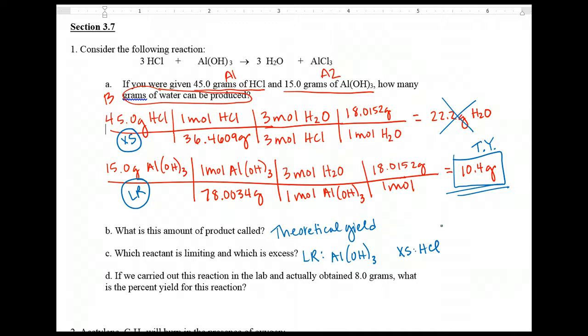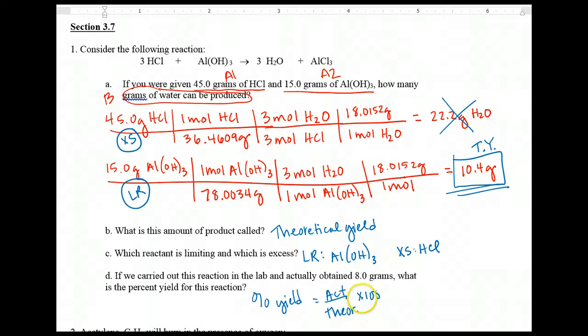Letter D, if we carried out this reaction in the lab and actually obtained 8 grams, what is the percent yield for this reaction? Percent yield is calculated by dividing actual yield, what you obtained, over theoretical yield, what you were supposed to be able to produce, times 100.